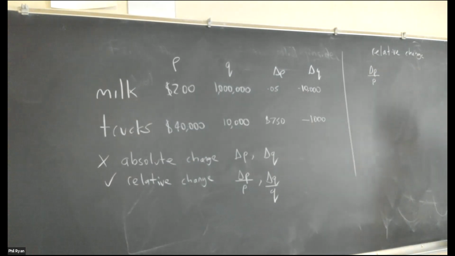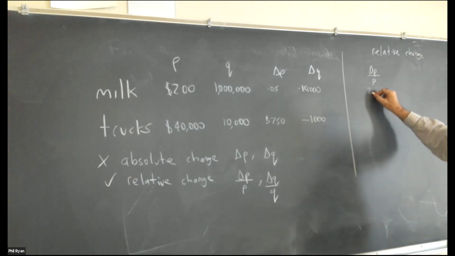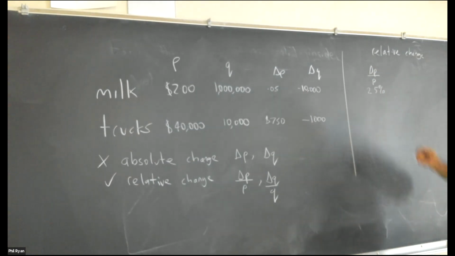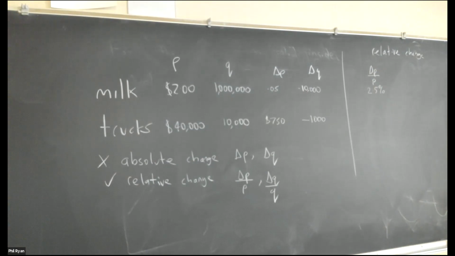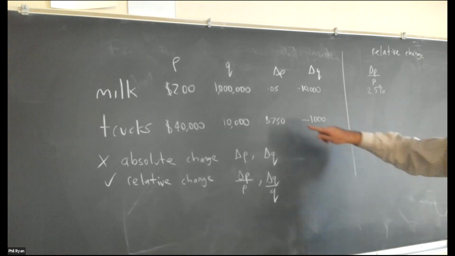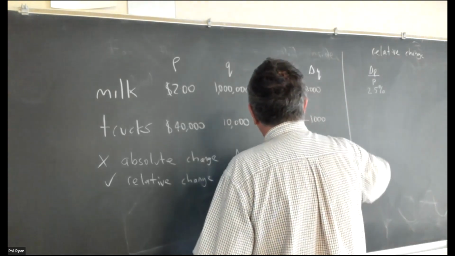Well, a 5-cent rise in milk is a 2.5% rise for milk, whereas a $750 rise is, someone do 750 divided by 40,000 for me, please. Oh, I know what. I'll change this to 800, then we can do it in our head.